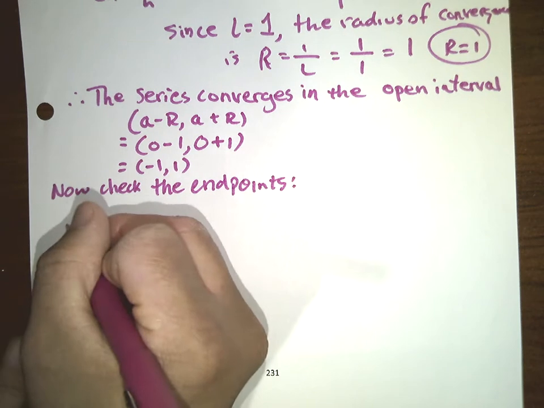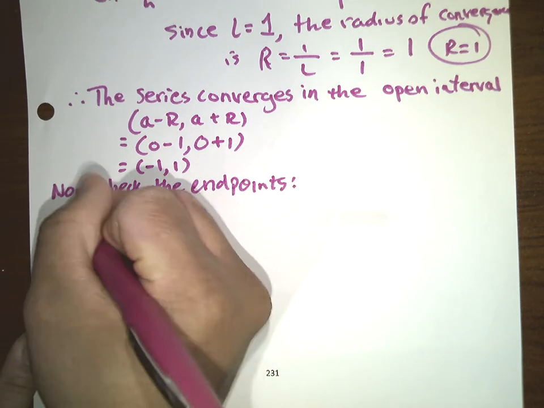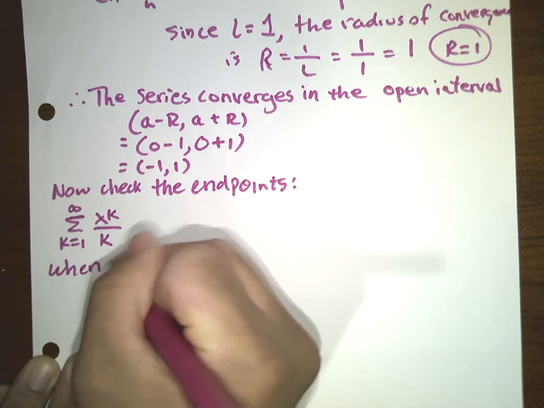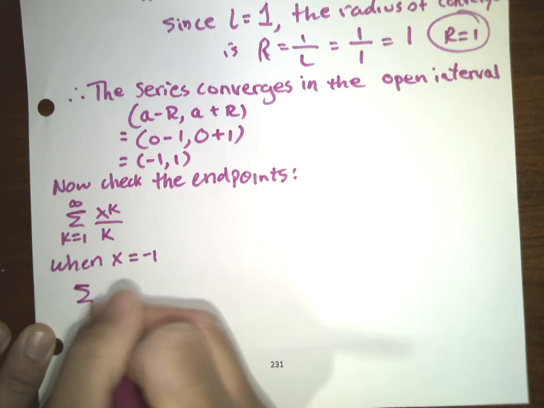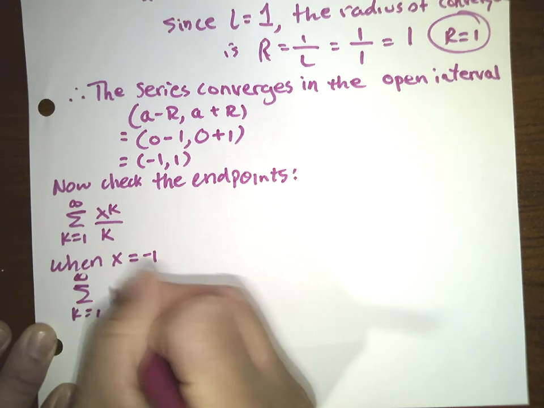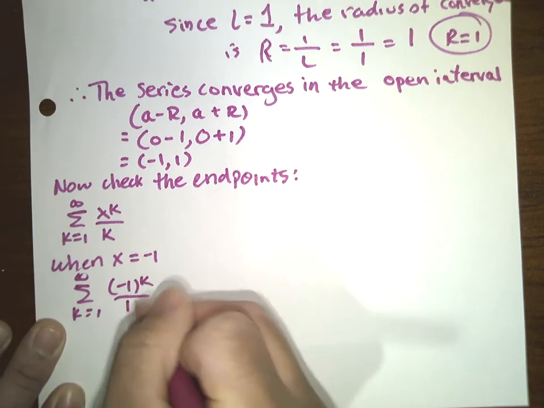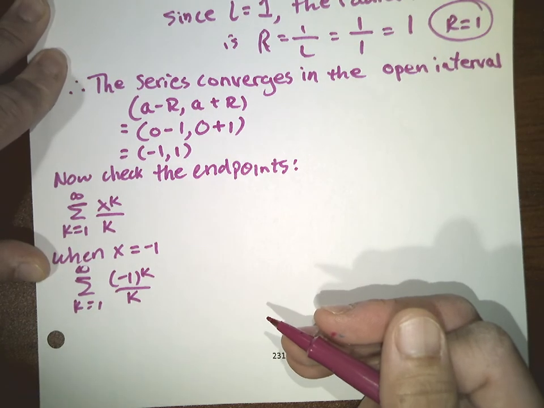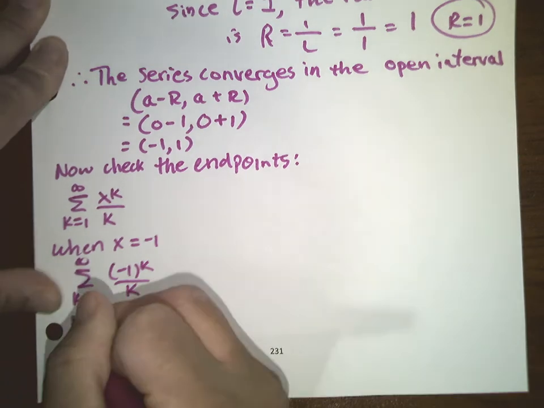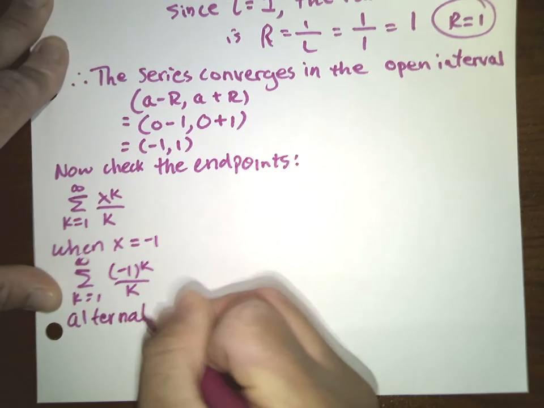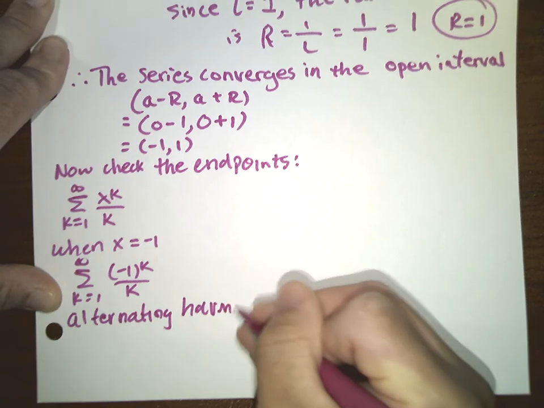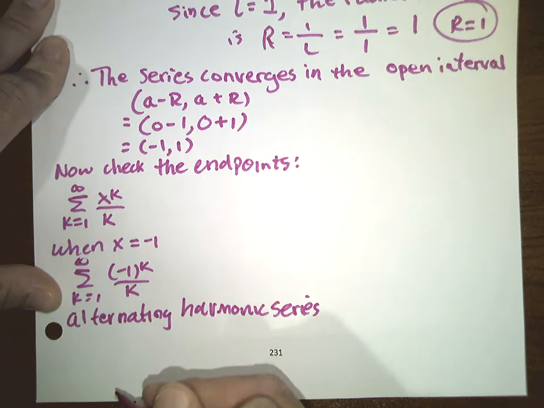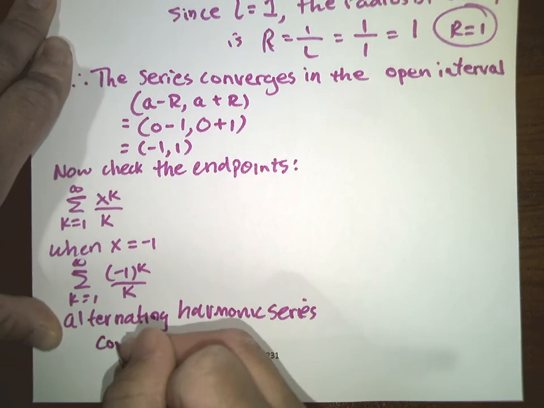Remember the series was the sum from k equals 1 to infinity of x to the k over k. So when x is equal to negative 1, I have the sum from k equals 1 to infinity of negative 1 to the k over k, and this is actually the alternating harmonic series, and the alternating harmonic series converges.